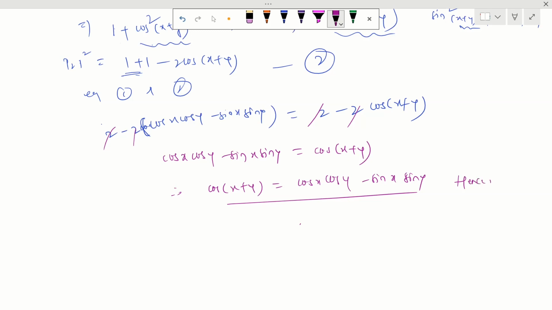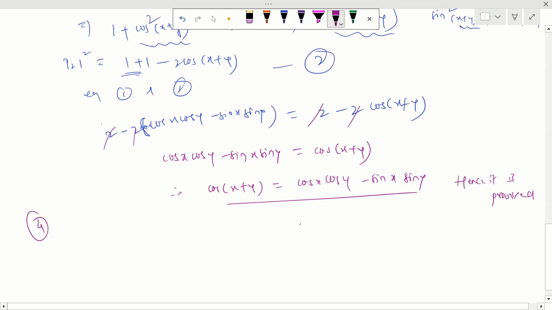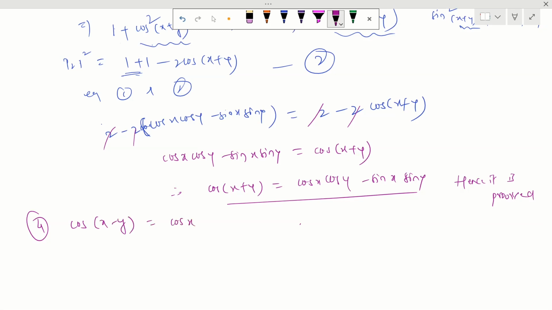You have to remember this formula. And the fourth equation we have to write here: cos of (x minus y) is cos x cos y plus sin x sin y. Prove this one.